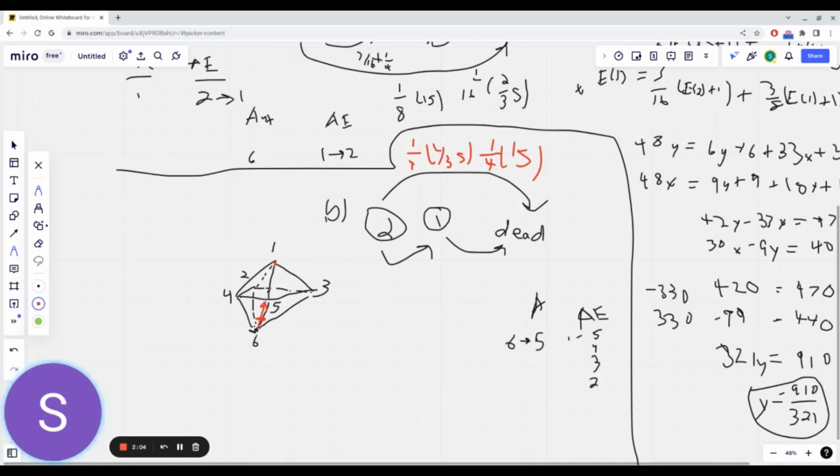But it actually doesn't matter where it goes, since as long as it goes to 1, 3, 4, or 6, it's always going to be 1 away. So if it goes to 2 first, then it's going to be 1 away. And then the other possibility that we were talking about, it's also going to be 1 away, which means that there's a half chance that it's 1 away. It will never be 2 away after 1 turn.